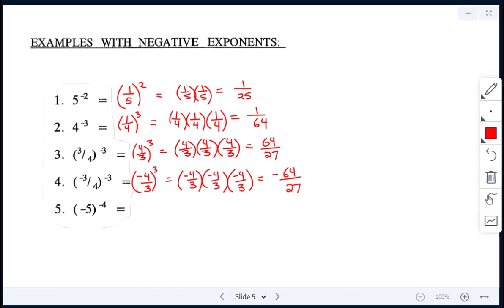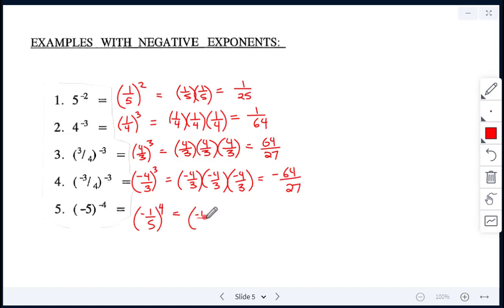All right, so our last example here, in brackets we have negative 5, that's our base, our exponent is negative 4. So we do have to flip this. So it's going to become negative 1 over 5 to the power of 4. Okay, and writing this out, our negative is inside the brackets.